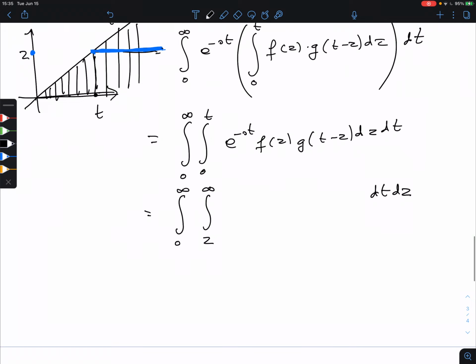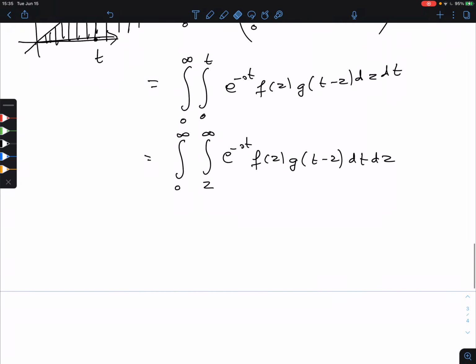Yes, now I have it correct. The endpoints are sometimes tricky in this switching of dt dz, when your domain is not a nice square quadrant, but half a quadrant, like a triangle like this.